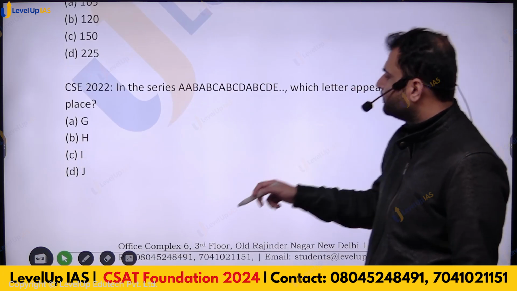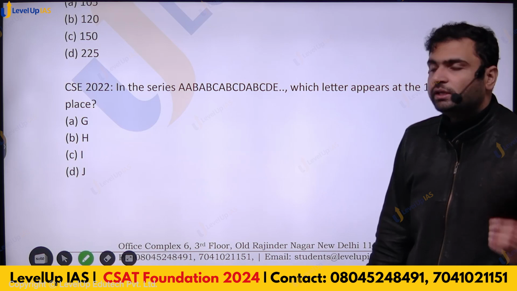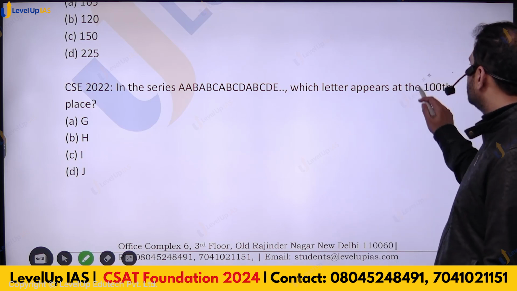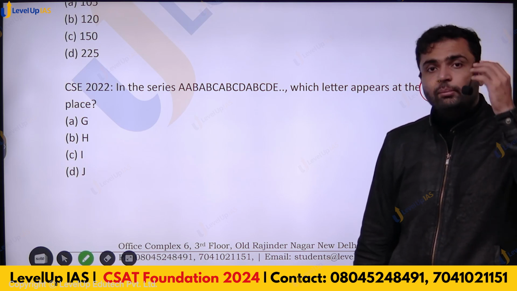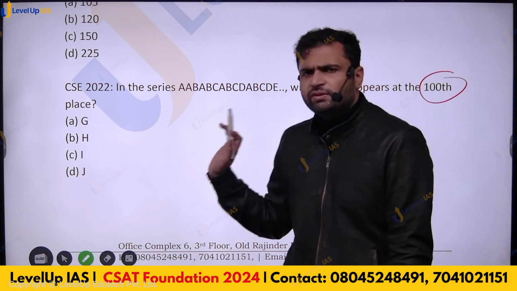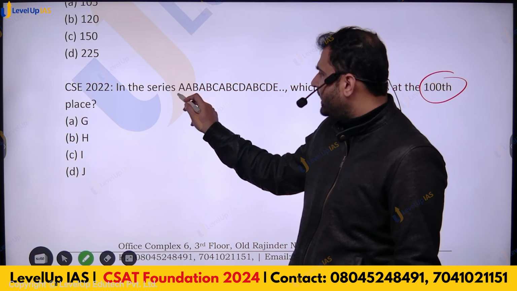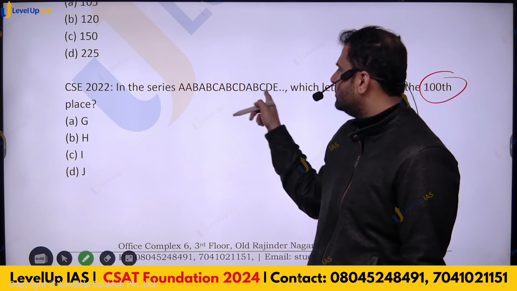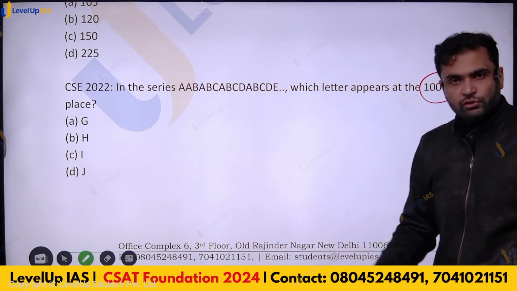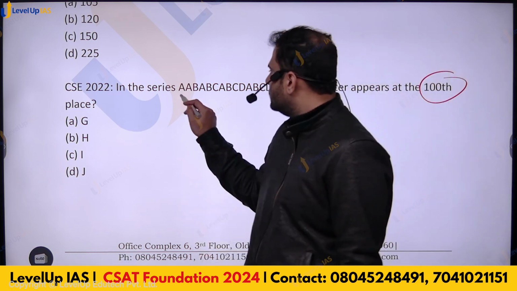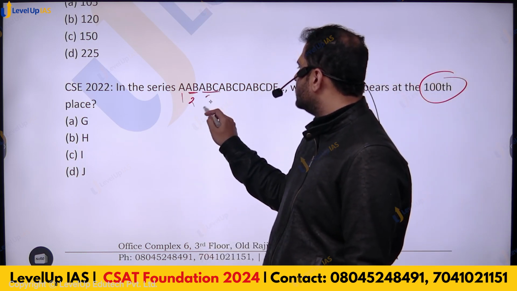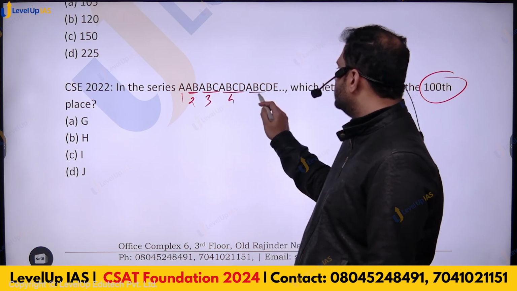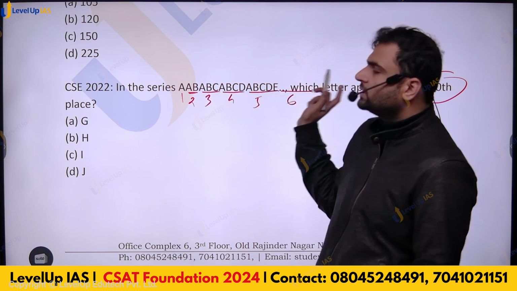Again, the series question here is a little bit different. Which letter appears at the 100th place? That is the question. So we have to first find out the pattern. The pattern here is very visible, very simple. You have A, then AB, then ABC, then ABCD, then ABCDE and so on. So firstly 1 letter, then 2 letters repeating, this is 3 letters, this is 4, first 4, then first 5, then first 6 and so on.